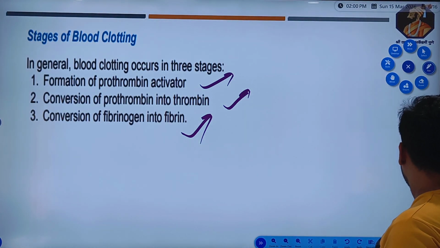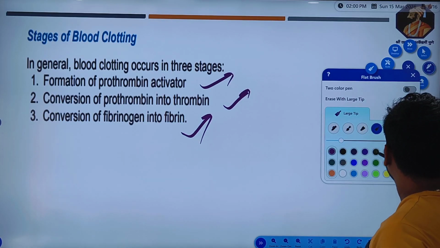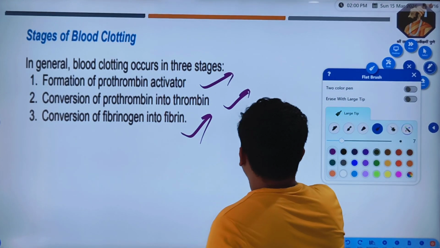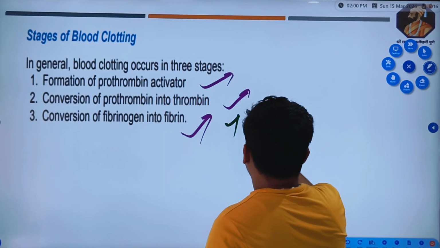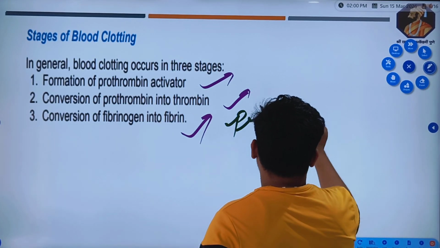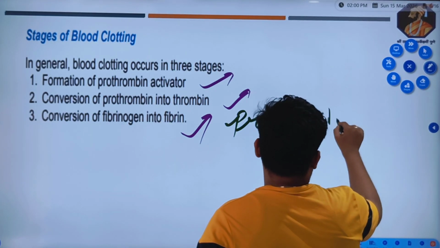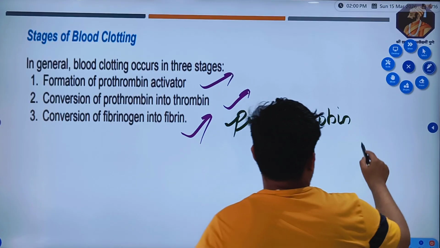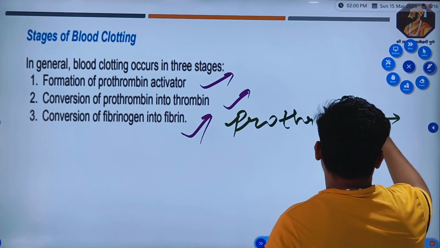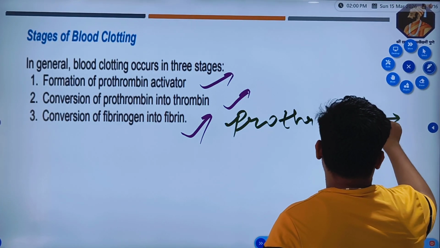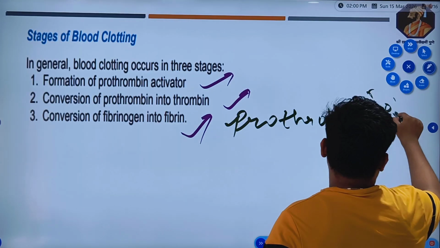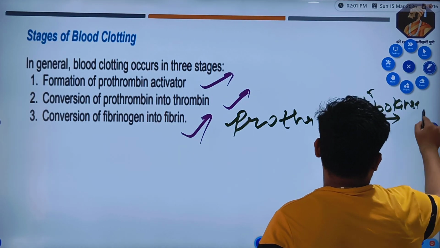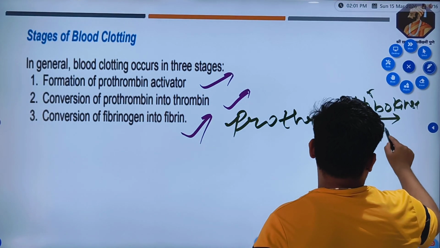Till class 12 we have studied that here there is prothrombin, which converts with the enzyme thrombokinase to thrombin.